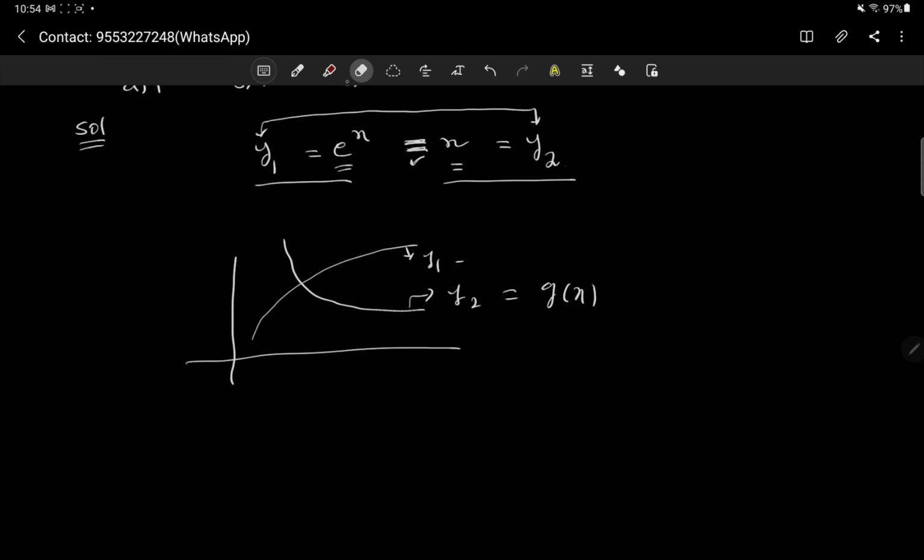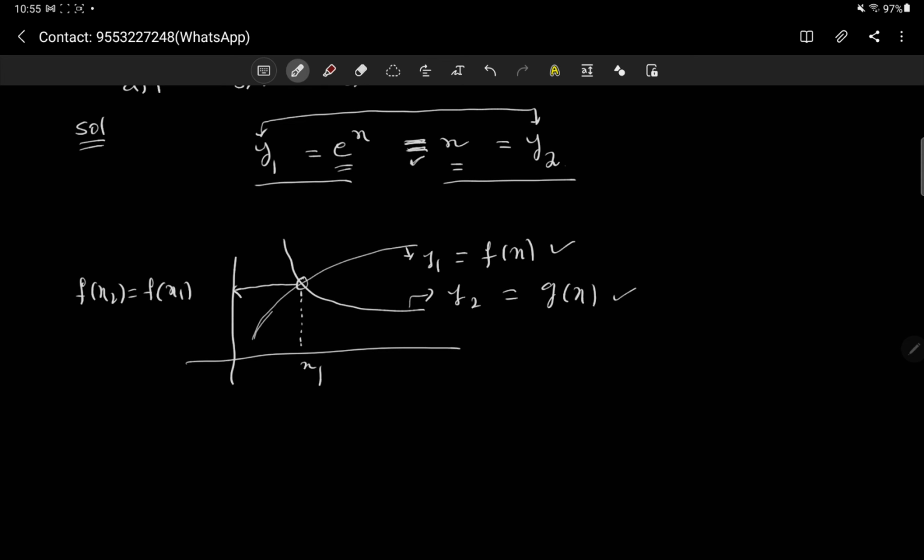F of x and g of x have different values, but for some value of x, you see here, both will give the same result. Suppose this is x1. At x1 you may have f of x1 here and g of x1 also here, both becoming equal.